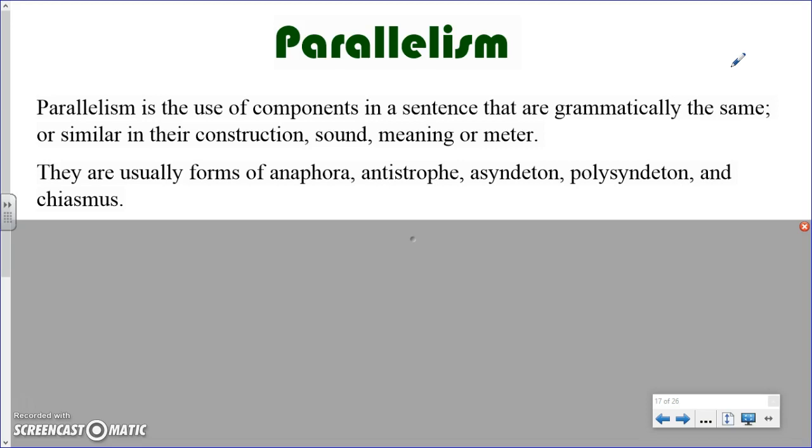Meter is something we'll focus more on next year, and meter is that beat that the author uses and the flow. Parallelism usually uses forms of the 5 that I just taught you: anaphora, antistrophe, asyndeton, polysyndeton, and chiasmus. So the idea is that each sentence that uses these has a grammatical component that is the same, so the author is using a form of parallelism.